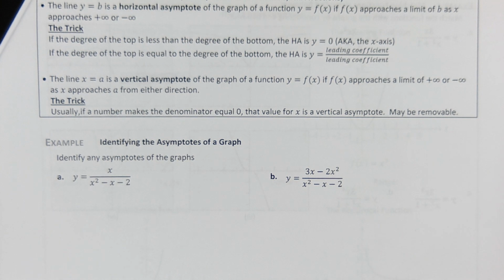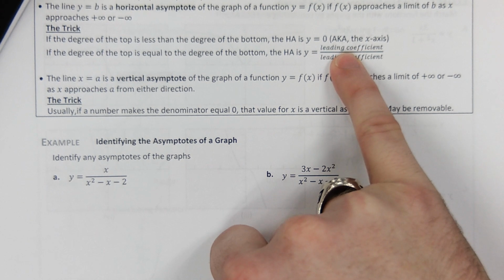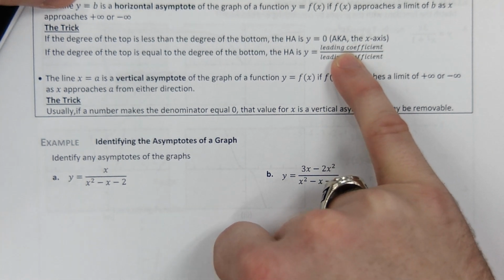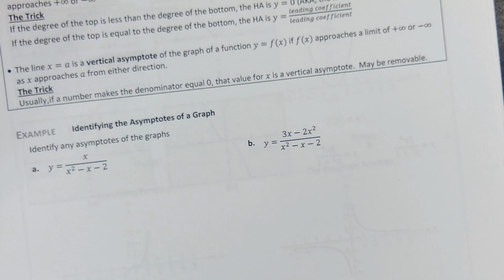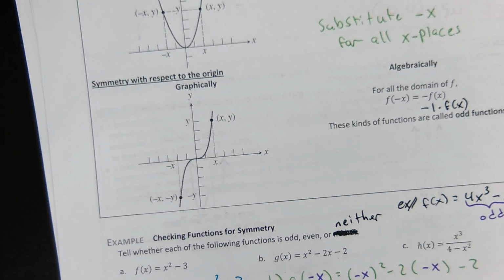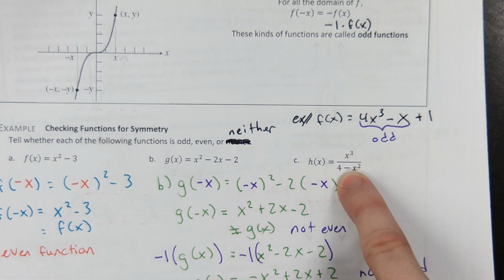But if the biggest exponent on the top and the biggest exponent on the bottom are the same, then we're going to have to build a fraction. Y equals leading coefficient over leading coefficient. And the leading coefficient is the number that sits in front of the x with the biggest exponent. And we have to say it like that because sometimes they're out of order. Like you can see this one's out of order, and that's out of order.